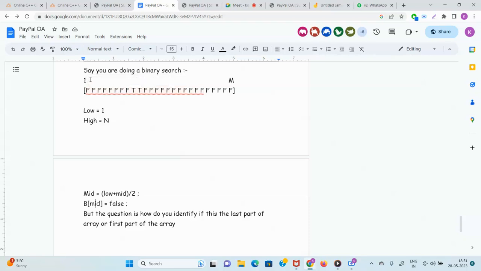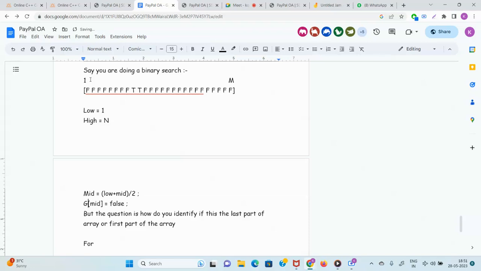When you are at b of mid, right? So let's say for mid, you calculate, guys, sorry, this was f of mid.